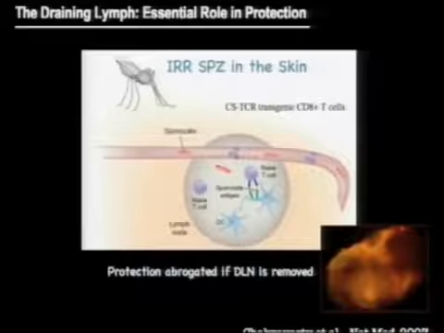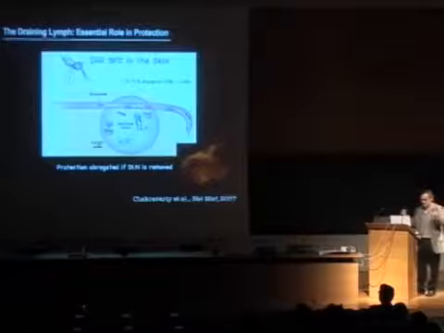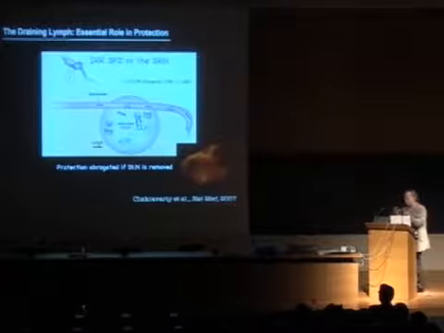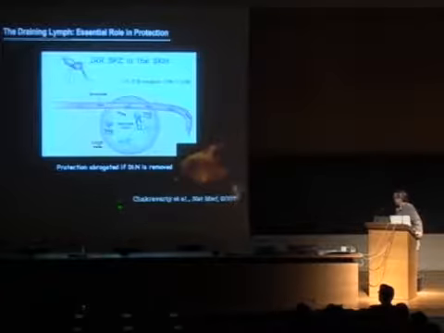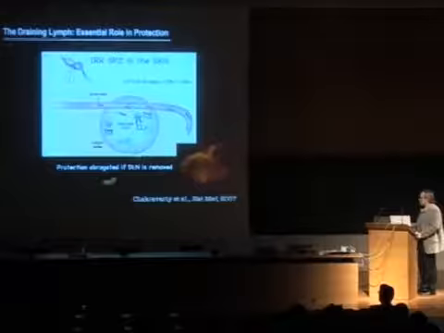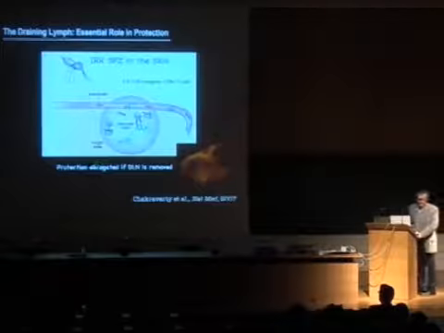Now, you remember that I told you about the protection at the beginning, which can be induced by irradiated sporozoites. Now, that's true if you inject the parasites either in the skin or IV directly. But what others have shown, the group of Fidel Zavala, is that if you immunize by injecting the parasite in the skin, then you can abrogate the protection if you remove the draining lymph node.